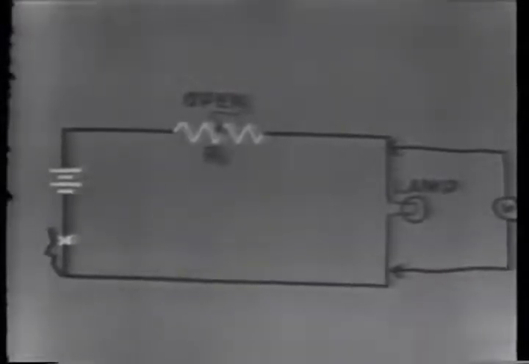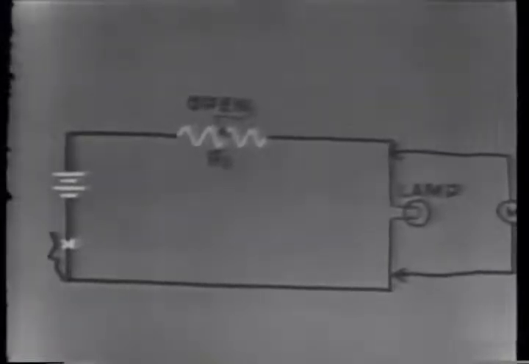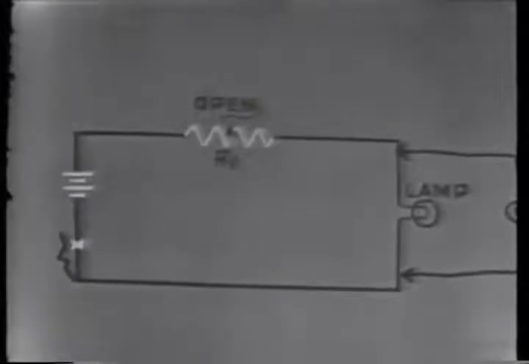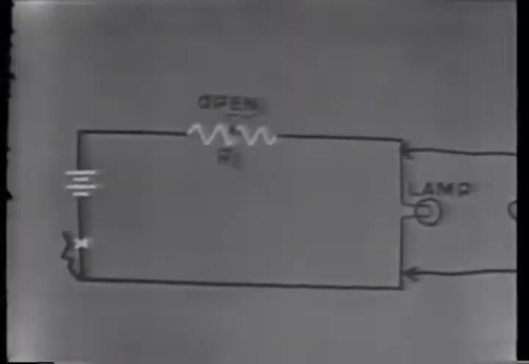There would be no voltage present, and the voltmeter would indicate 0 volts. Why? Because of the open resistor. This open will not allow any current flow, so there won't be any voltage dropped across the lamp. That's why it's not lit.